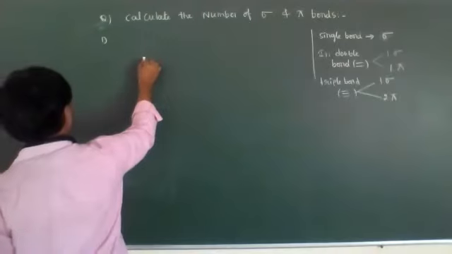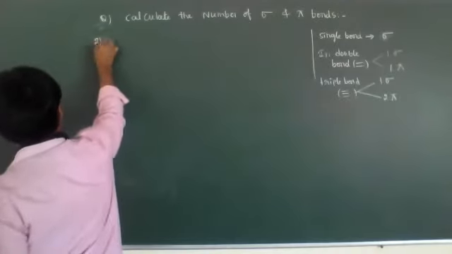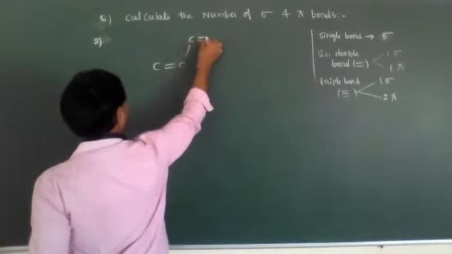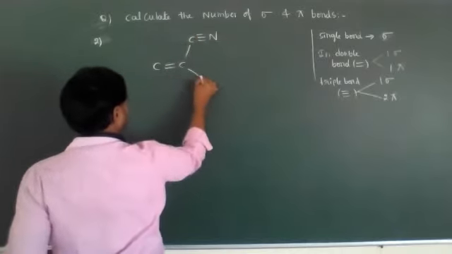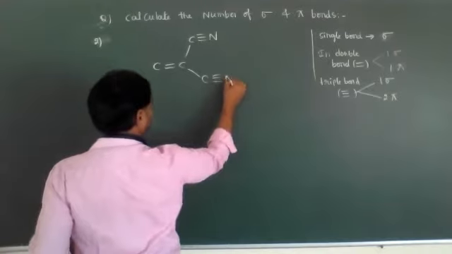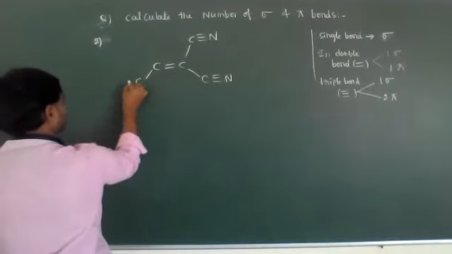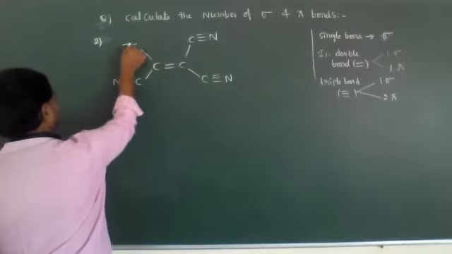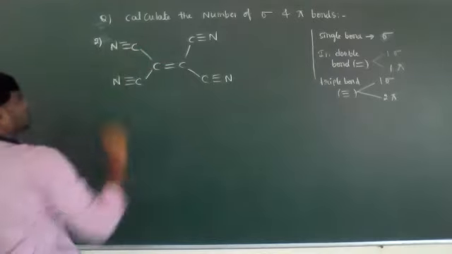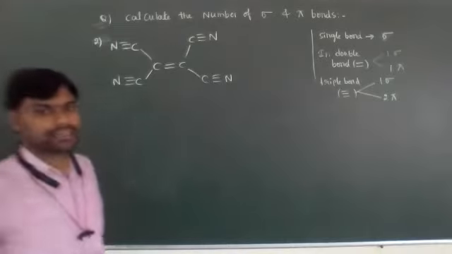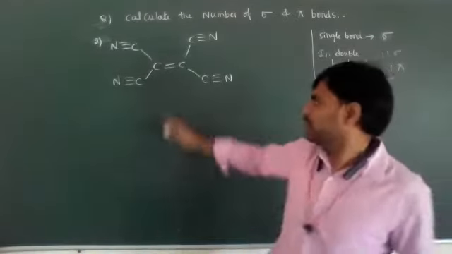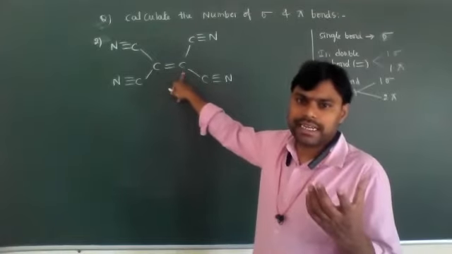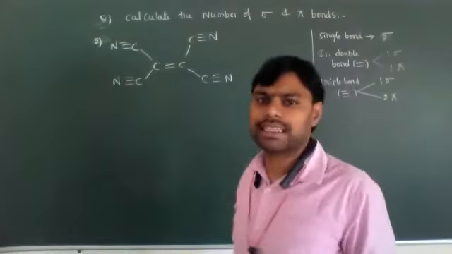Tetracyanoethane. This is tetracyanoethane. It means carbon and carbon having a double bond are present. 2 carbon atoms containing a double bond is called ethene.